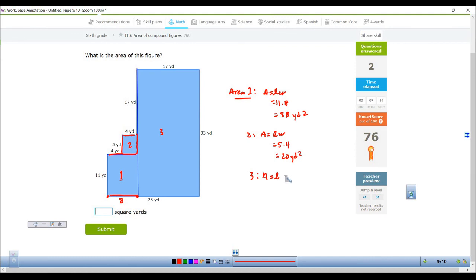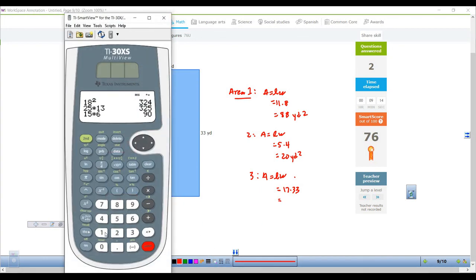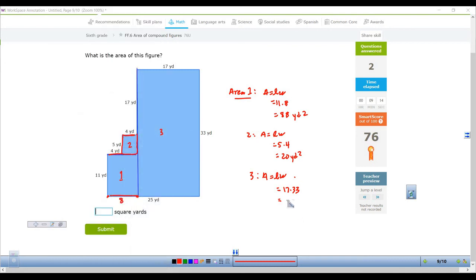So again, length times width, 17 times 33. And that one I'm going to go ahead and break out the calculator for. So I'm going to do 17 times 33, and I'm going to get 561 square yards.